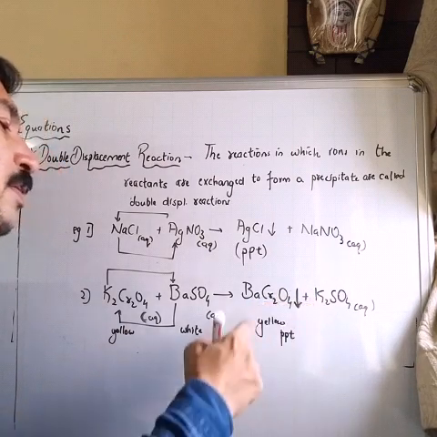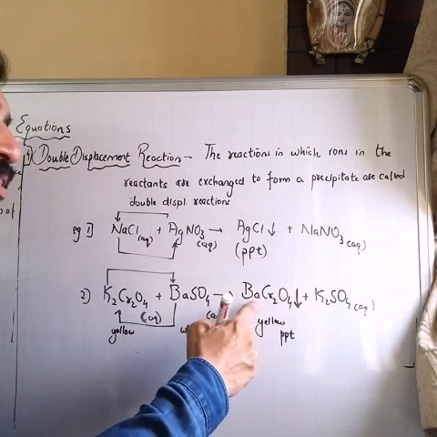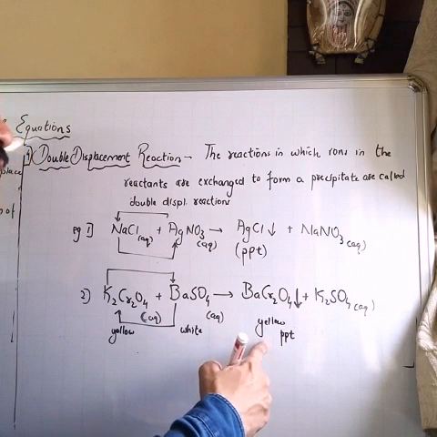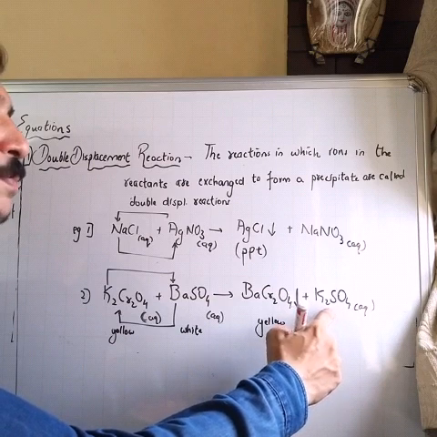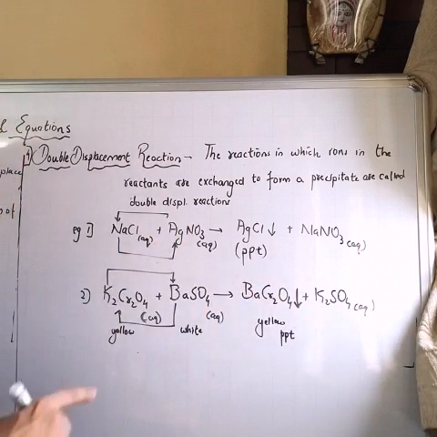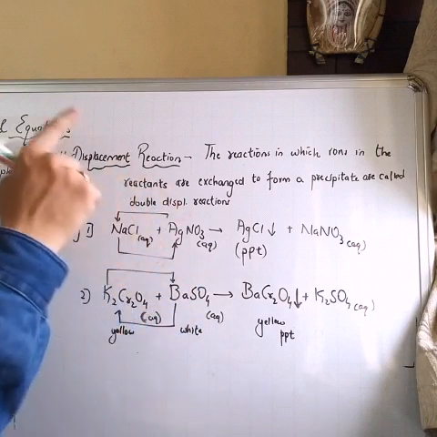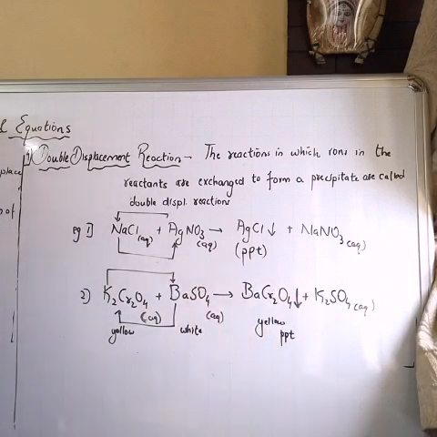As I told you, compared to potassium and barium, barium is less reactive, so this compound will be the precipitate and its color is yellow. The second compound, in aqueous state, will be potassium sulfate. So potassium chromate reacts with barium sulfate, undergoes double displacement reaction to give barium chromate and potassium sulfate.